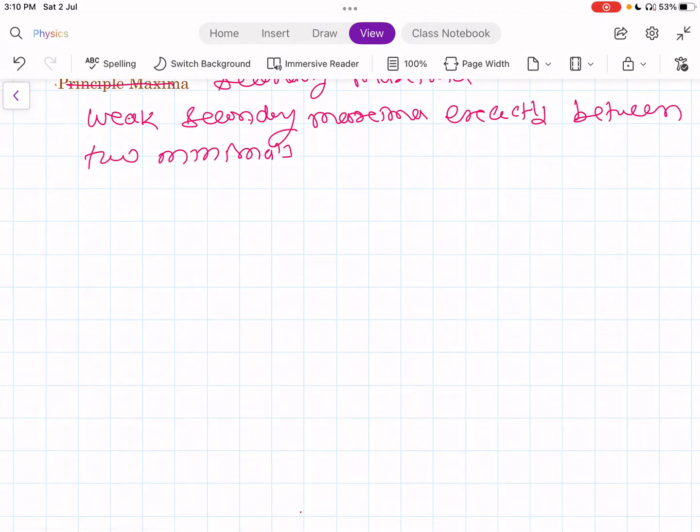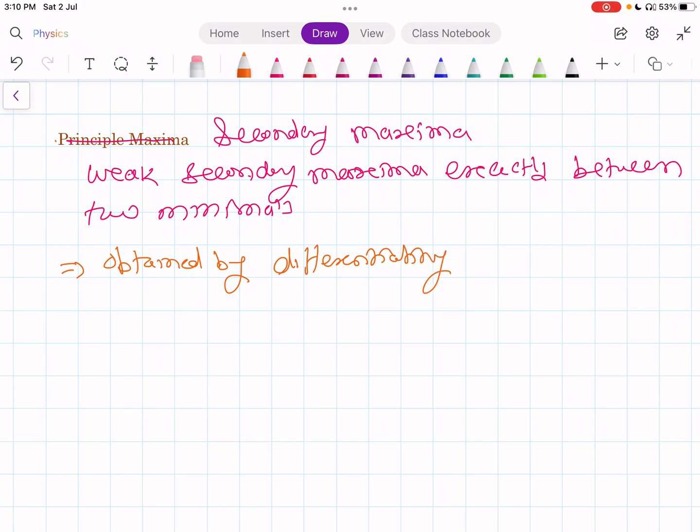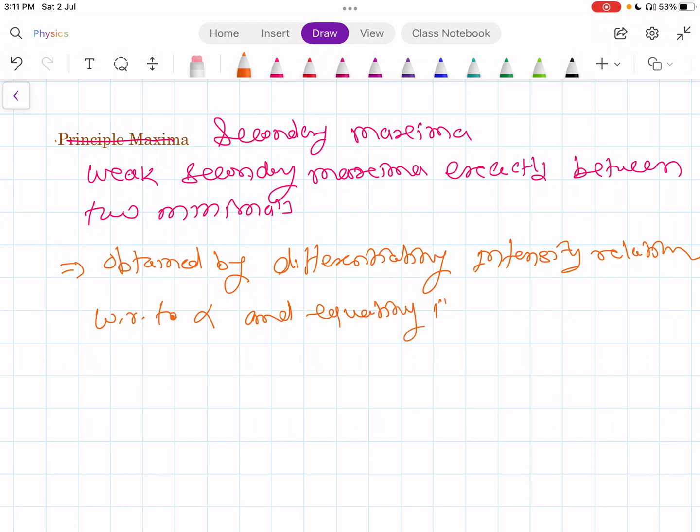These secondary maxima positions are obtained by differentiating the intensity relation with respect to alpha and equating it to 0.